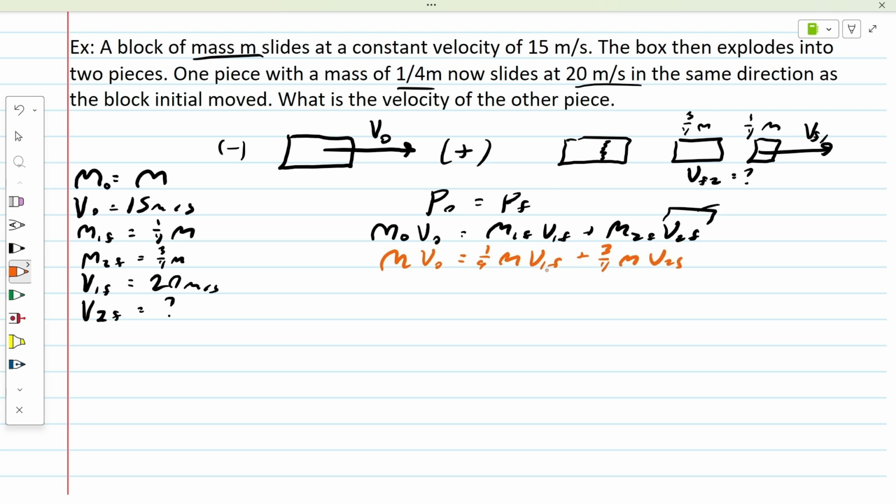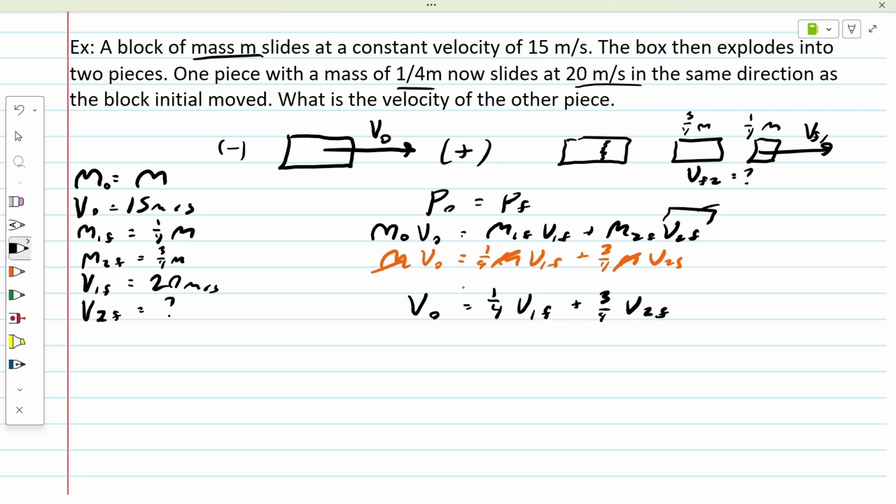The reason I did that is because these masses are going to cancel since they're all relative to the same mass. And so we can now just get this in terms of velocities. Now we can rearrange it for V2 final. You could rearrange it first and then plug everything in, the masses would divide out, but this just simplifies the equation a little bit.